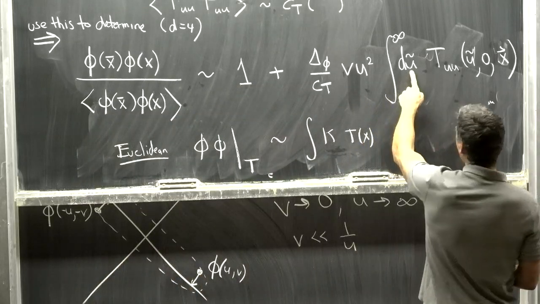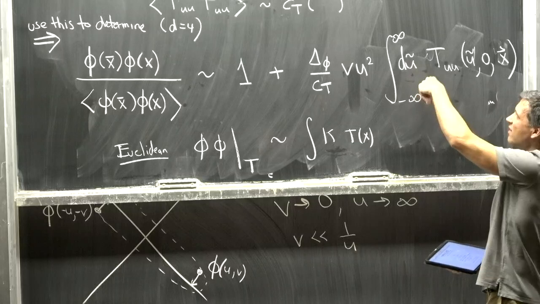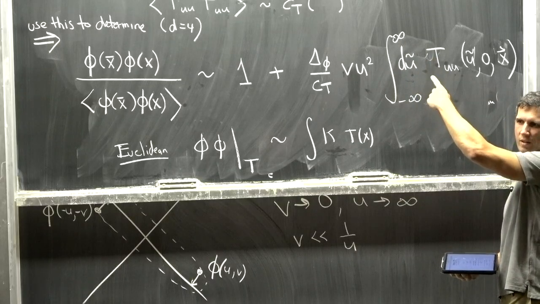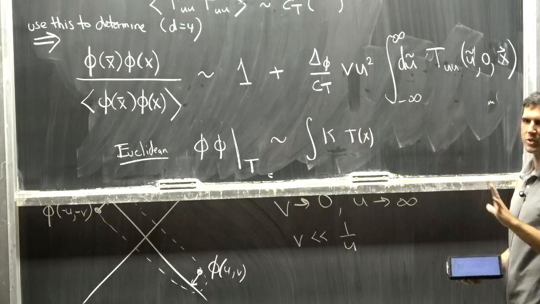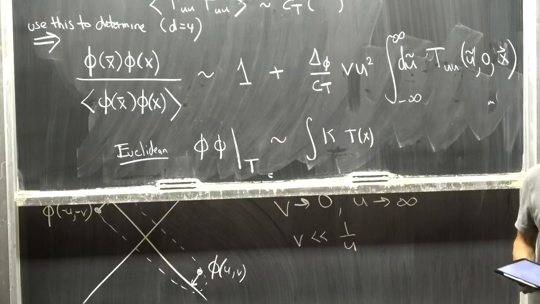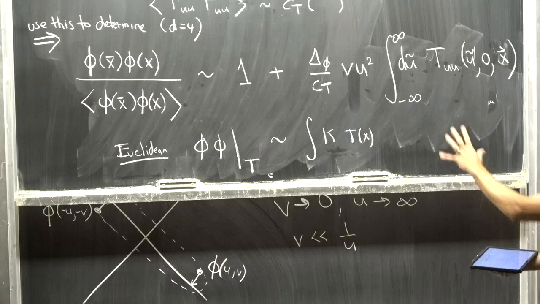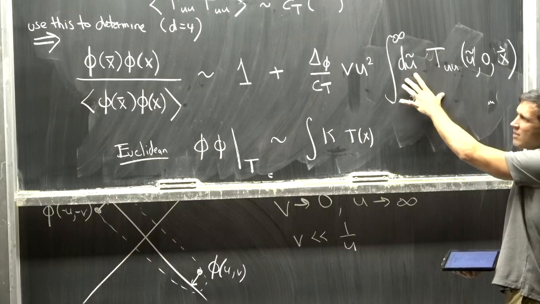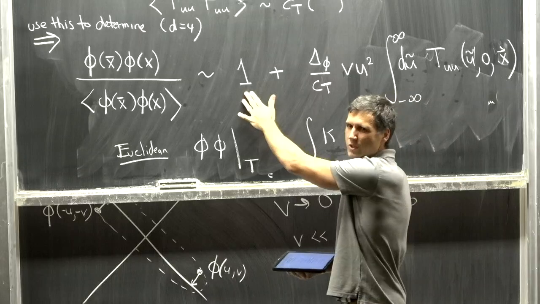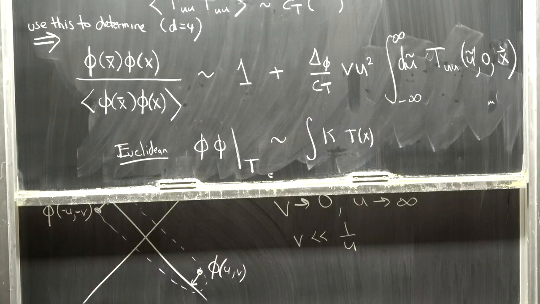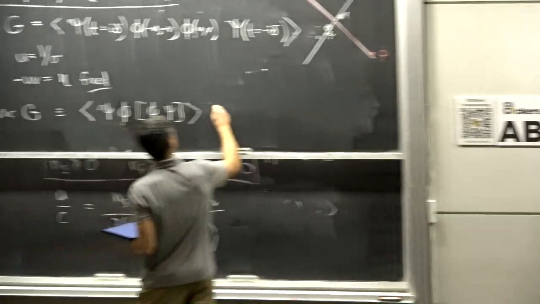If you do one operator ordering, then this u contour wraps a singularity and gives you something non-zero. If you use the other operator ordering, you have some i epsilon shift, and it does not wrap the singularity, and this term does not contribute. So this contributes to one ordering but not the other. The one contributes to both. And by taking this discontinuity, we pick off the term that we're interested in.